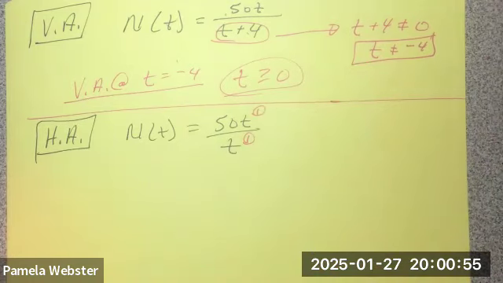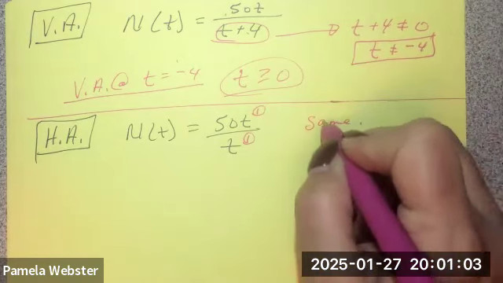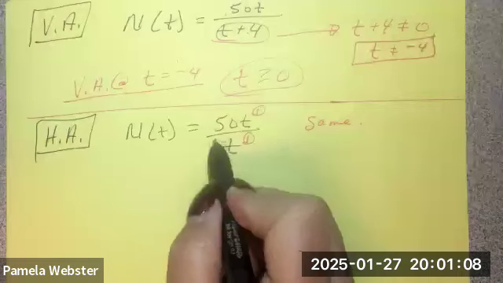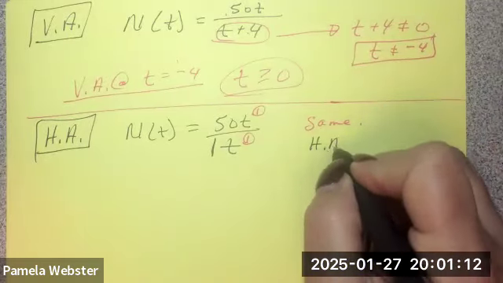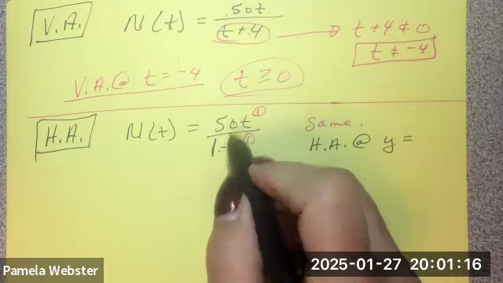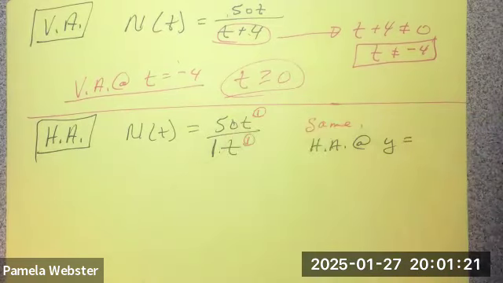When you compare those, what do you think? You think they're the same, Dr. Webster? Yes, they're the same. Okay. So if they're the same, we know we divide the coefficients. What's the coefficient here? There's an unwritten 1, right? Okay. So there is a horizontal asymptote here at y equals 50 divided by 1, because those t's are going to go away, or 50.